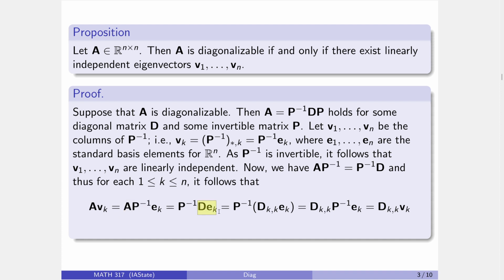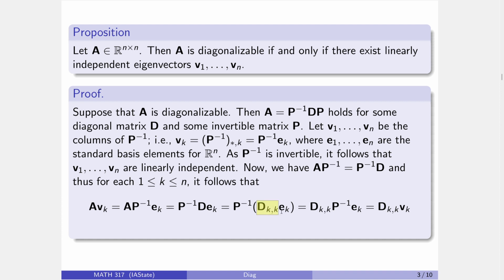Here I have a diagonal matrix multiplying something, and as we learned, a diagonal matrix multiplying something just has the effect of keeping the columns the same and scaling by the diagonal entries. And indeed, that is true. So multiplying D by the standard basis element ek will just give us ek scaled by the kth entry in the diagonal matrix.